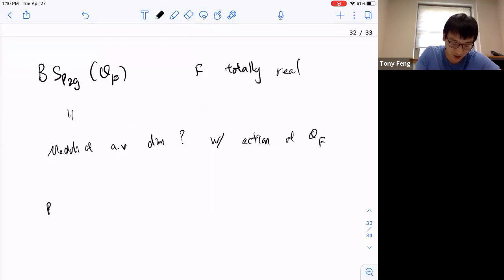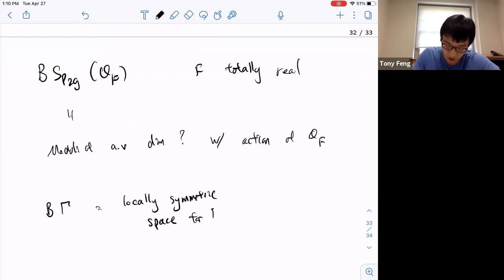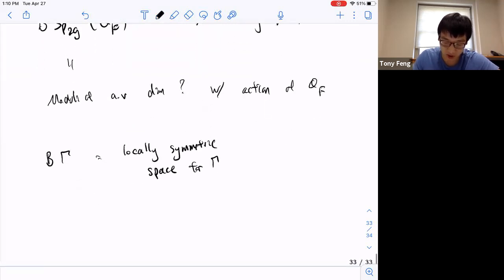But basically, when you take arithmetic groups, the generalization of this B gamma presentation which I wrote is a locally symmetric space for gamma. And so that's a K(π,1). It typically is not going to have any algebraic structure, so we need this thing to have algebraic structure. We need to be in the Shimura variety case.